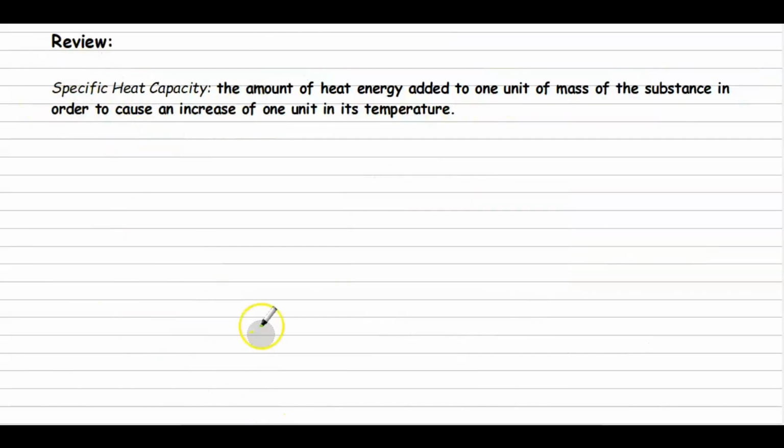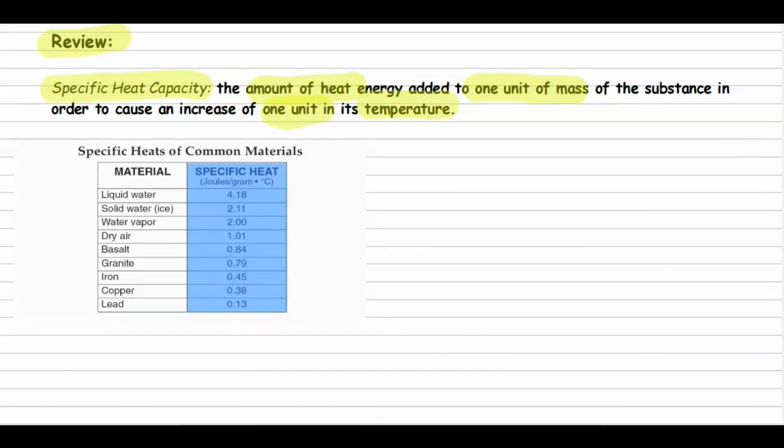Before we continue further, let's have a simple review. Specific heat capacity is the amount of heat energy added to 1 unit of mass of the substance in order to cause an increase of 1 unit in its temperature. Here is the list of the specific heats of common materials. Let's concentrate on the liquid water.